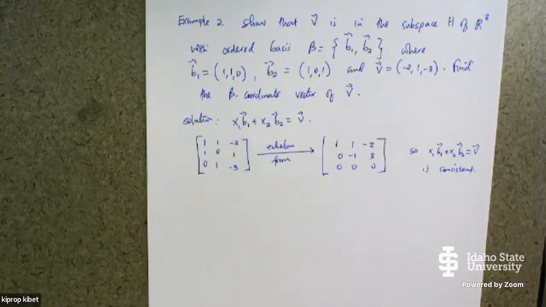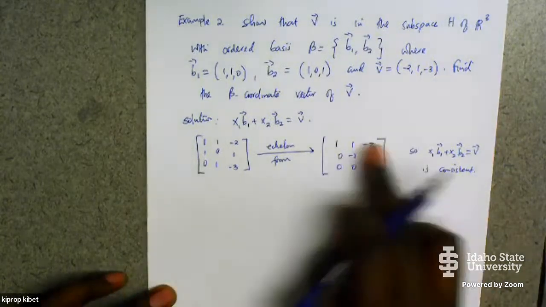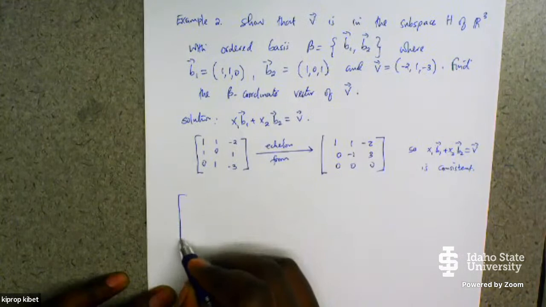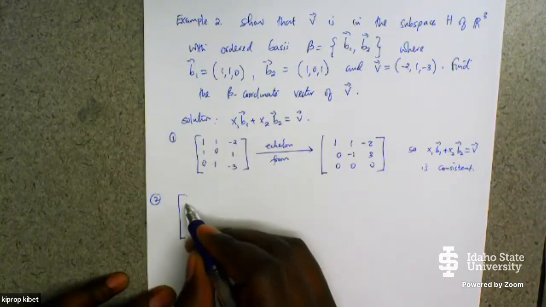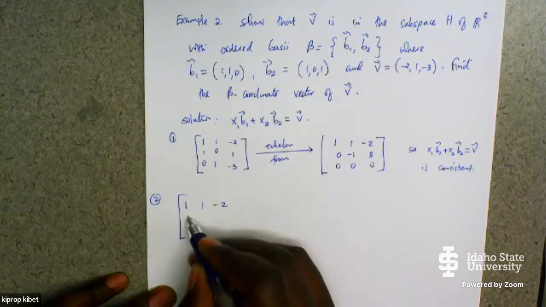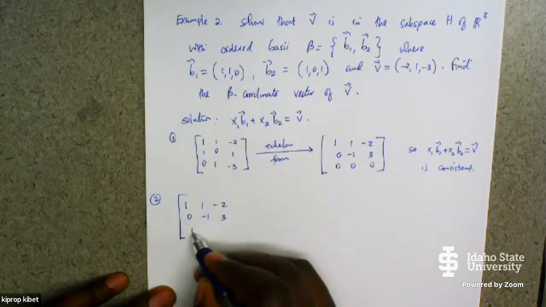Now let's find the B coordinate vector of v. That means we want to get a solution x1 and x2. So we reduce completely. We have the echelon form 1, 1, -2, 0, -1, 3, 0, 0, 0.